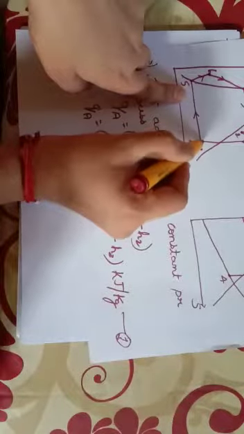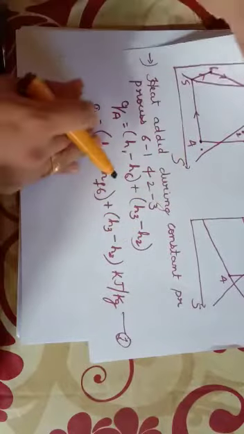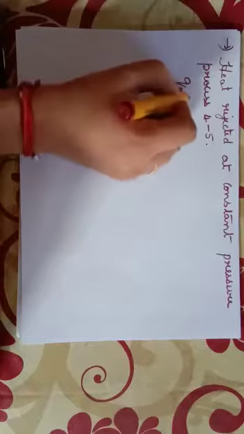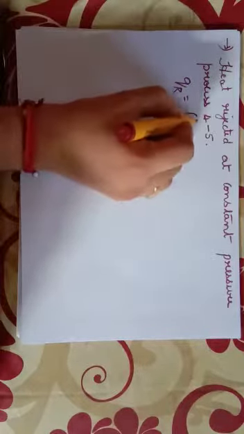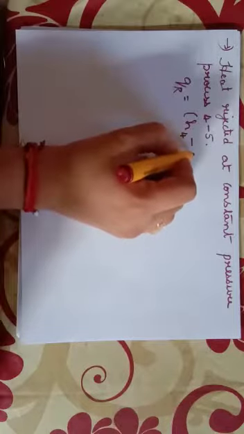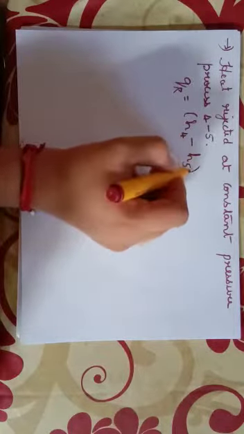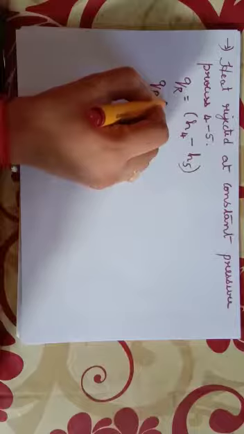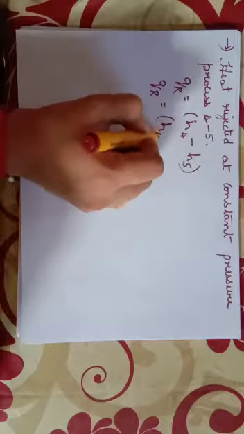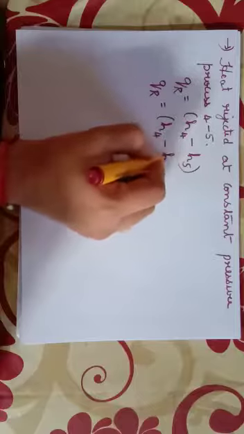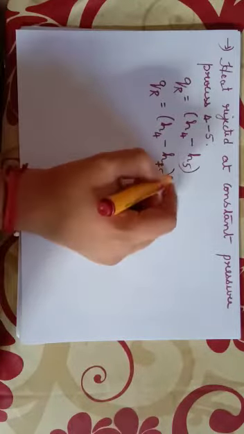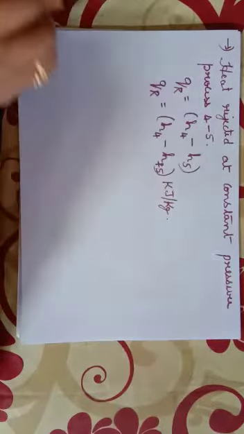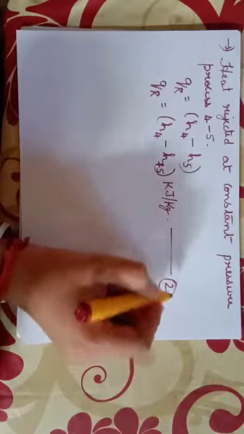This is process 4 to 5, that will be heat rejection. QR is equal to H4 minus H5, or you can write it as QR is equal to H4 minus HF5 kilojoule per kg. This is equation 2.